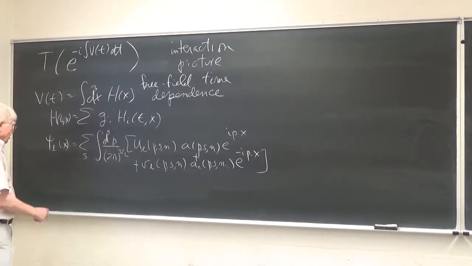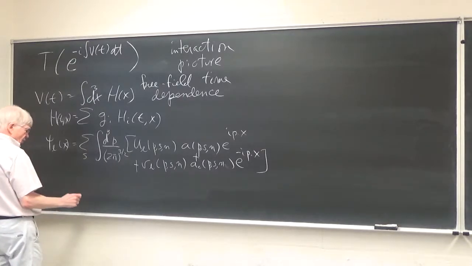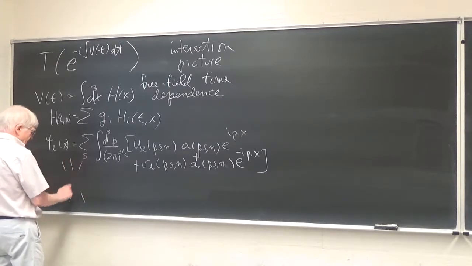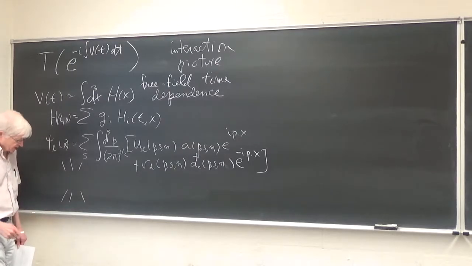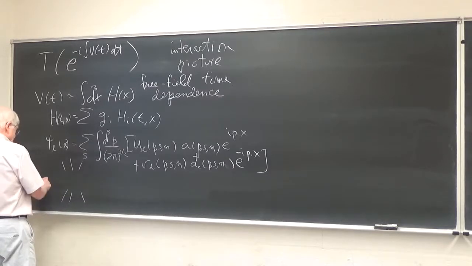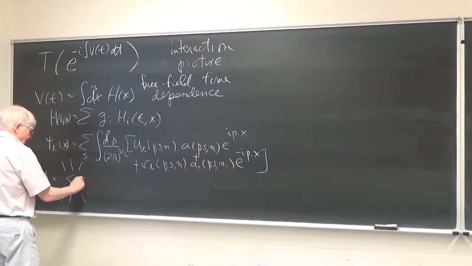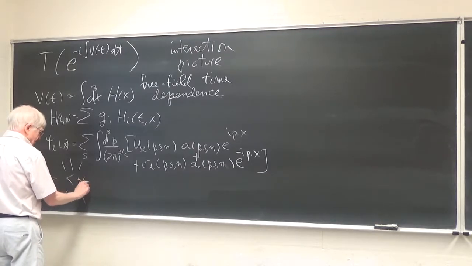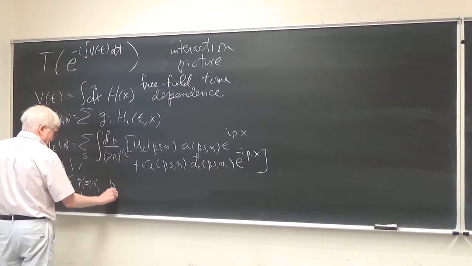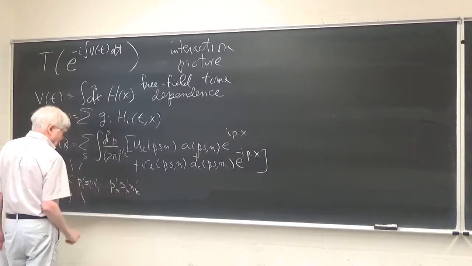Okay, so what we're talking about is the S matrix, which is the amplitude for a certain number of incoming particles to become a certain number of outgoing particles. And so this is, I'm just going to write it as A. It's the amplitude for p1 prime, s1 prime, n1 prime, dot dot dot, pk prime, sk prime, nk prime.